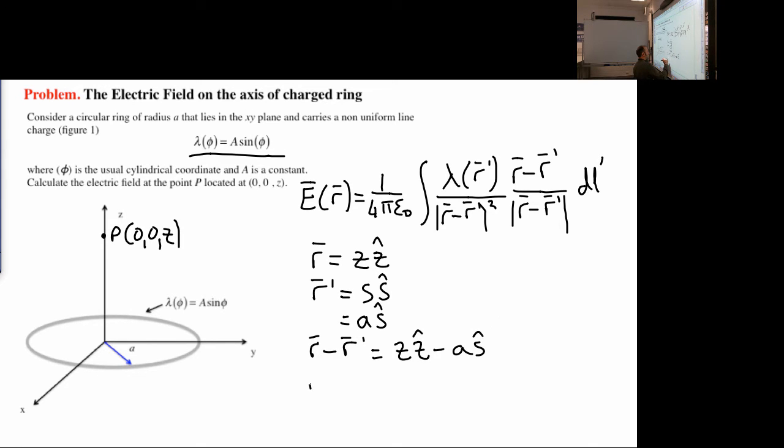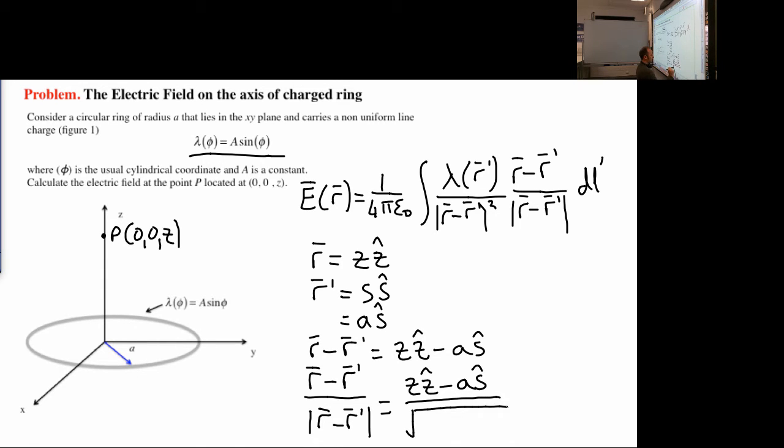And our unit vector can be Z hat minus A S hat over square root of Z squared plus A squared.